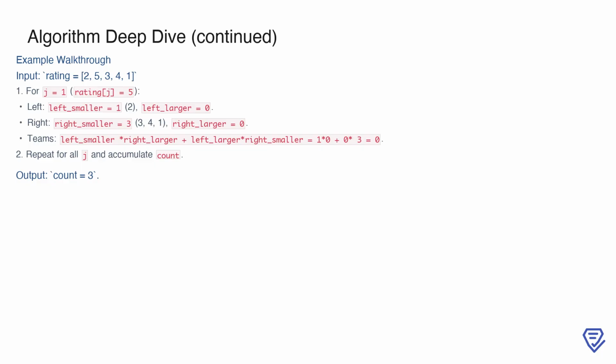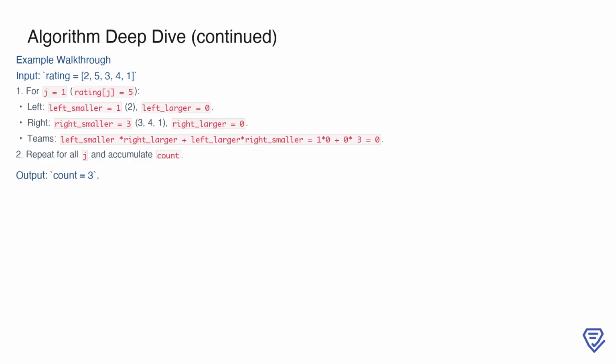To the right of j, there are 3 smaller elements, 3, 4, 1, so right_smaller equals 3, and no larger elements, so right_larger equals 0. Using these counts, the number of valid teams with j equals 1 is calculated as left_smaller * right_larger + left_larger * right_smaller = 1 * 0 + 0 * 3 = 0.